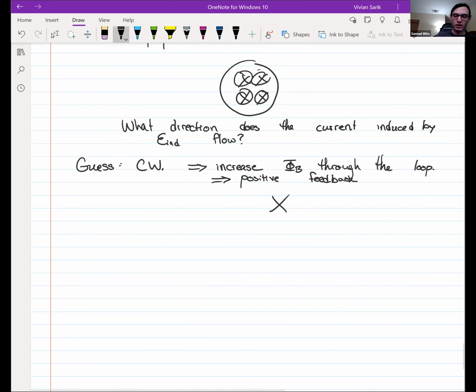Instead, if we guess counterclockwise, we would find that the current flowing because of the induced EMF, if you had the current going counterclockwise, use your right-hand rule, that would produce a magnetic field that's in the opposite direction of the applied magnetic field.